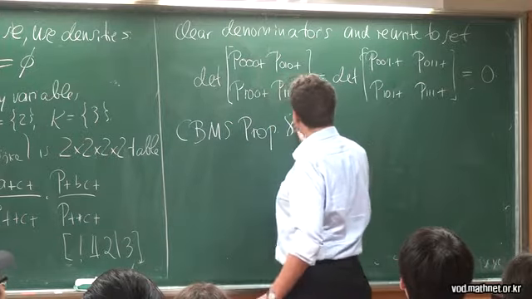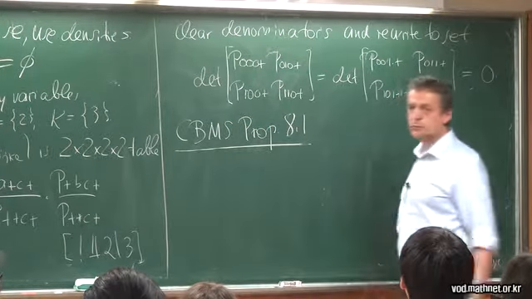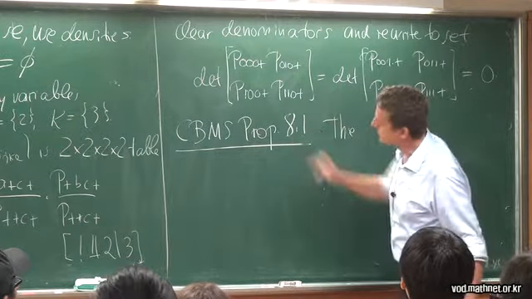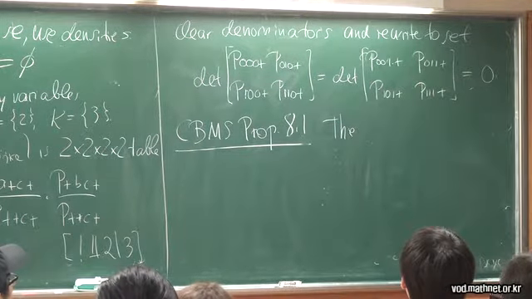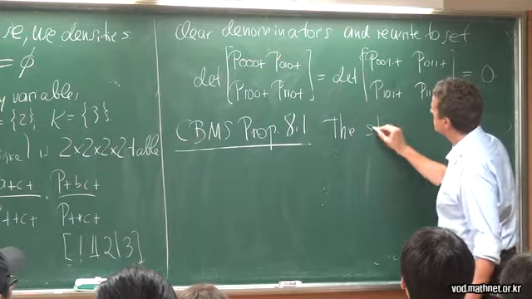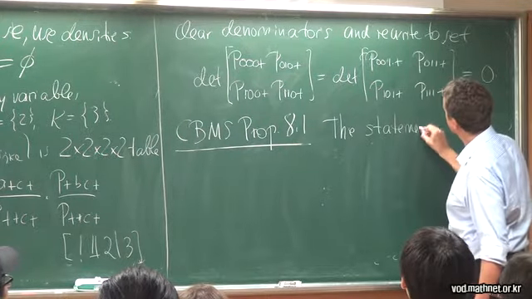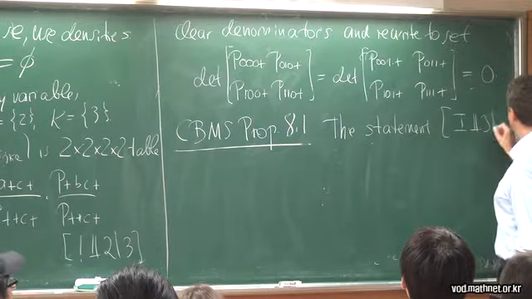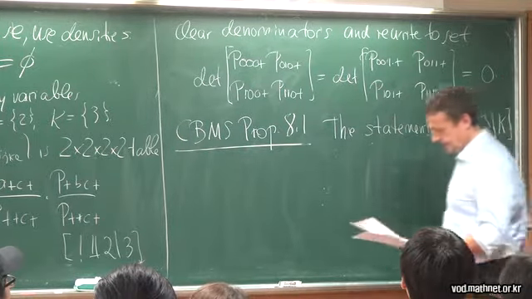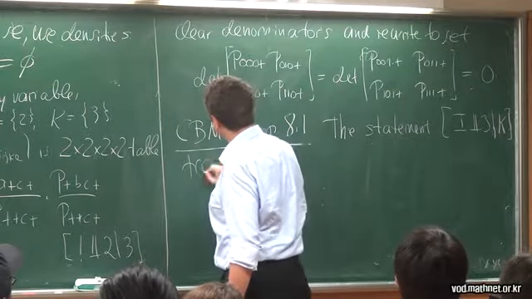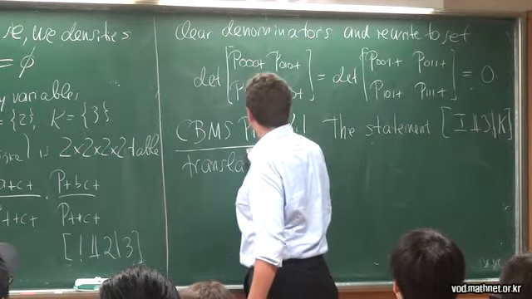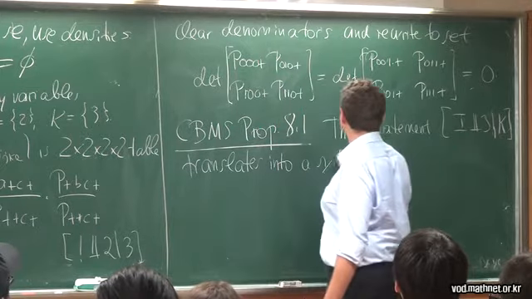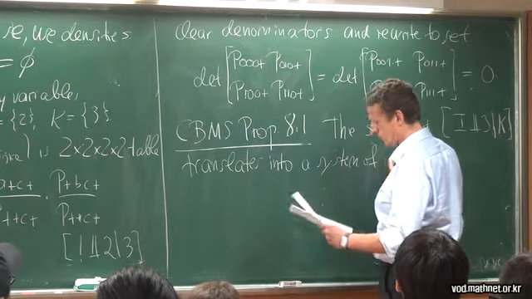So in proposition 8.1 of the notes we've been using all semester long, we find the following. So this is the polynomial system solving book, proposition 8.1. The statement that I is independent of J given K translates into a system of quadratic homogeneous quadrics.